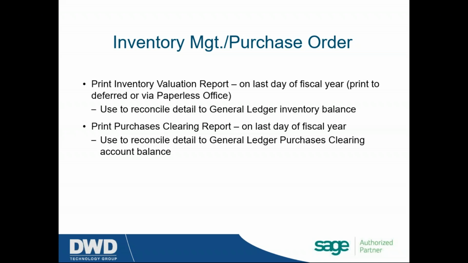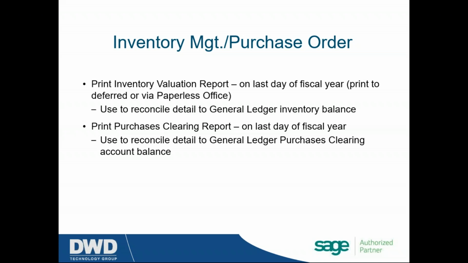And then this report will show you in detail the PO, the number of items that have been received, the number of items that have been invoiced if it's different, and then what that translates to as far as the received-not-invoiced amount. That is another as-of report. So if you want to reconcile it to the last day of your year, you need to run it on the last day of your year.